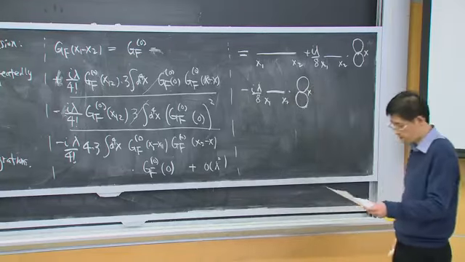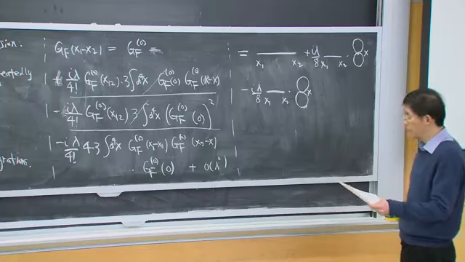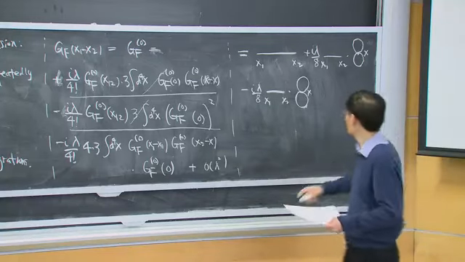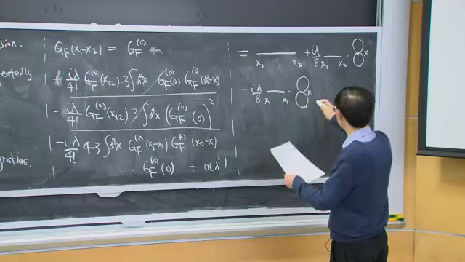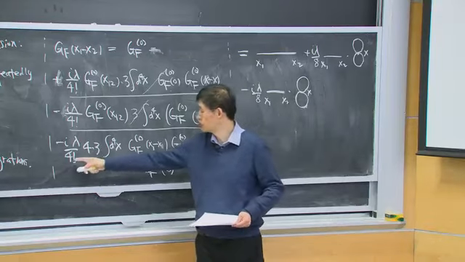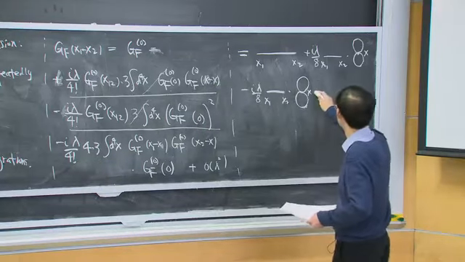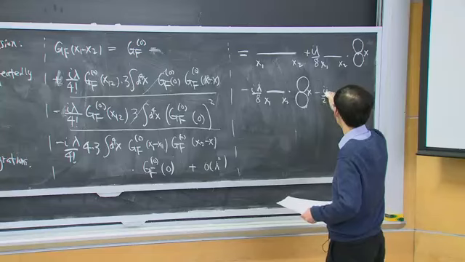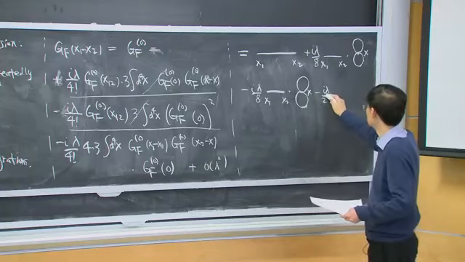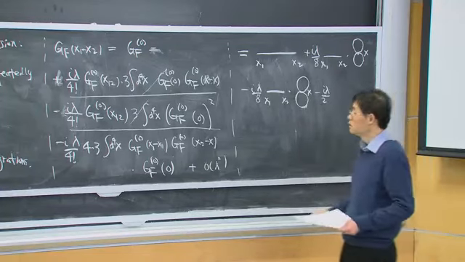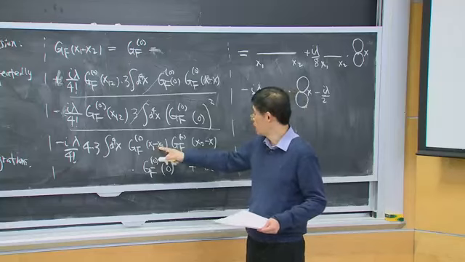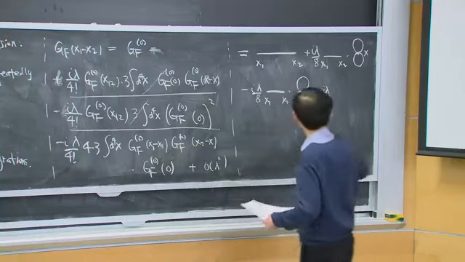And then the last one, this one corresponding to 12 divided by 24. This is minus I 2 lambda, and lambda divided by 2. So now x1 is to x, and x2 to x.